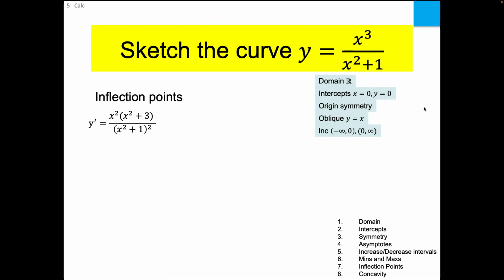What's the quotient rule say? Low D high, high D low. Low is... no, low is just low. Oh yeah. Times derivative of high. Now you open parentheses. Okay.